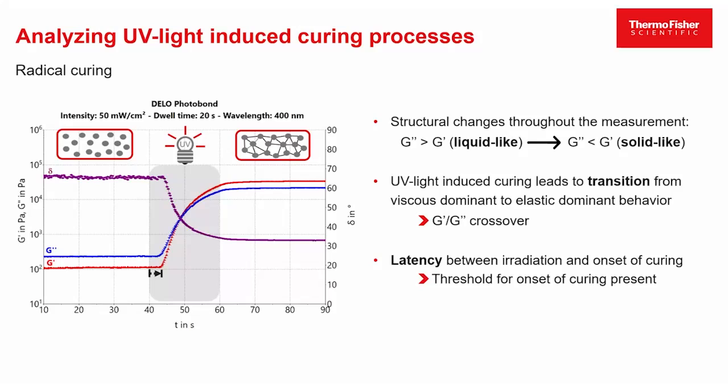In this case, the reaction does not start immediately. The sample needs some time between the start of the irradiation and the onset of the actual curing. The so-called latency can also be referred to as some sort of a threshold that is present when using specific curing parameters.